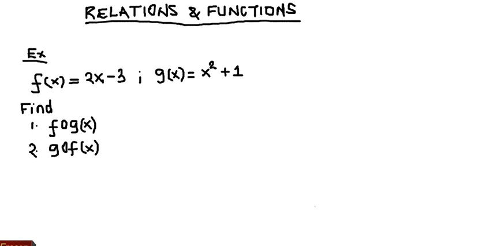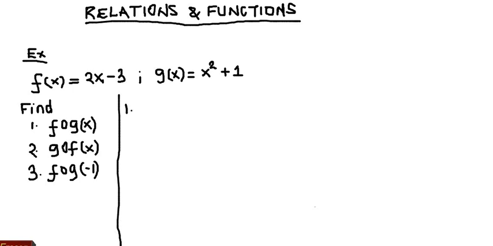We can also get an extension on the composite function, where, for example, we get f of g of, let's say, -1. We'll see how to interpret that.